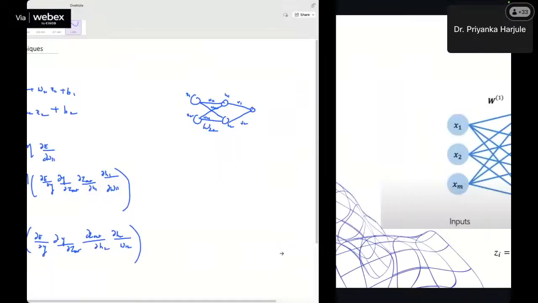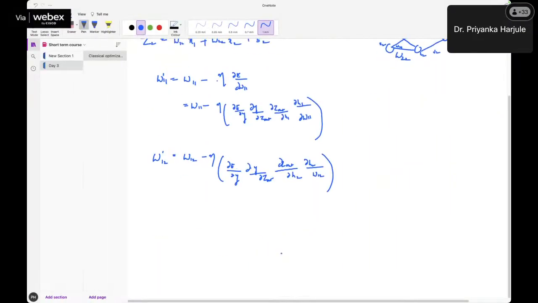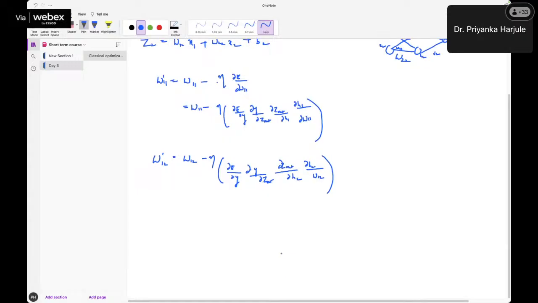To demonstrate this fact, for RMS prop and AdaGrad, you can try out this problem of optimizing, say, f of theta is equal to half of theta square.